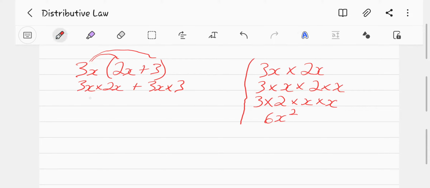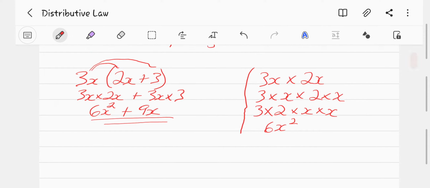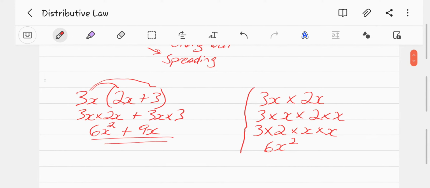And that is 6x squared plus our 3x times 3, which is 3 times 3 is 9. And the x remains because there's no other x to multiply it with. So that's our answer, 6x squared plus 9x. So that was our example 1.